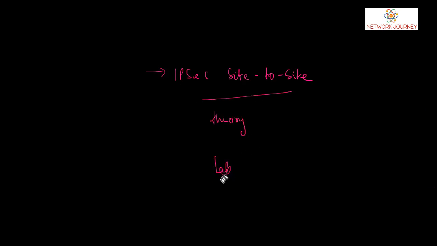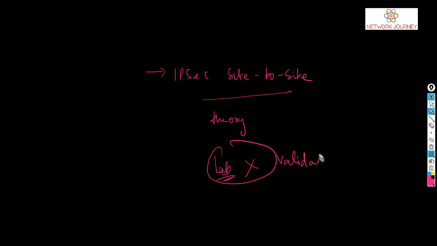In my previous class, we were discussing IPSec site to site. We have completed the theoretical topic. The lab we had done, but we were not able to execute it, or we were not able to do the validation. So first I'll start with this lab. I'll cover this lab on my CCNP topology itself.